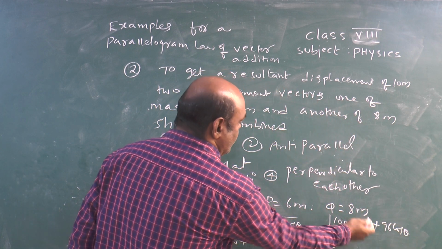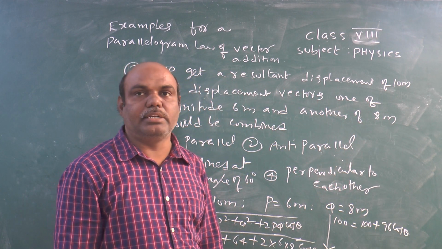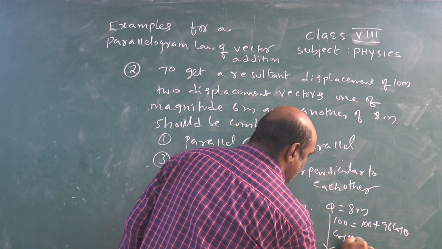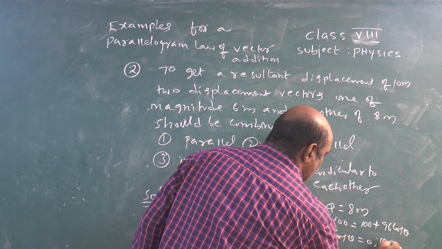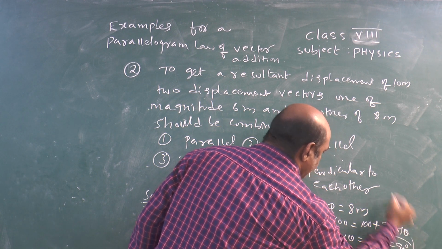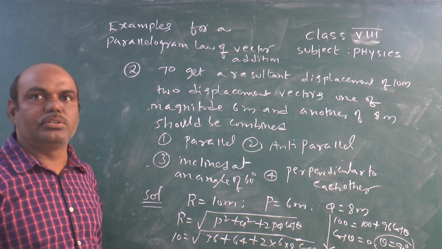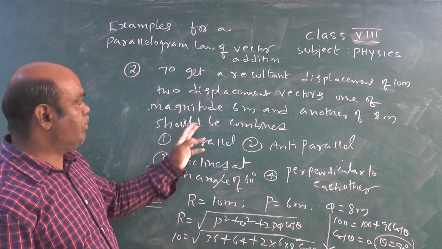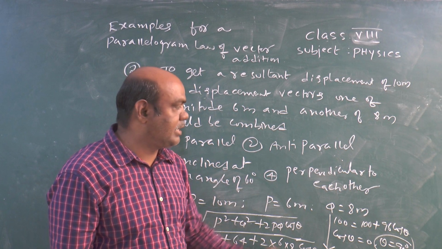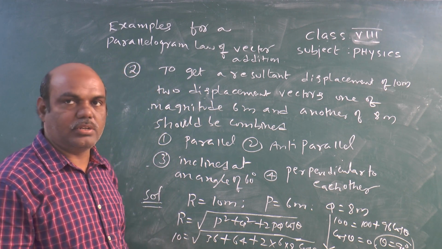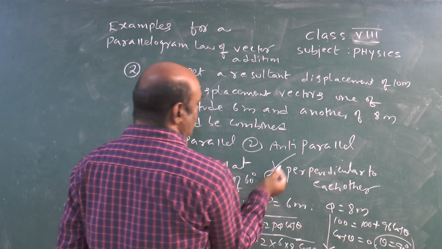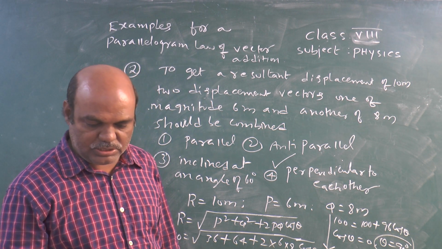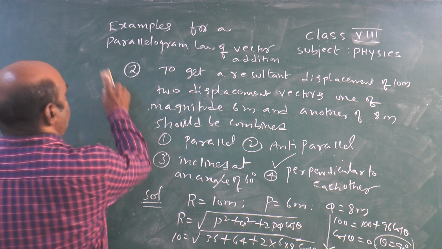When 100 comes to the left side, 100 minus 100 is 0. So cos theta equals 0, theta equals 90 degrees. That means both vectors are perpendicular to each other. So the fourth option is correct. Next, third problem.